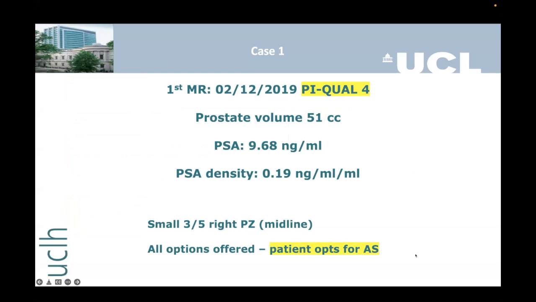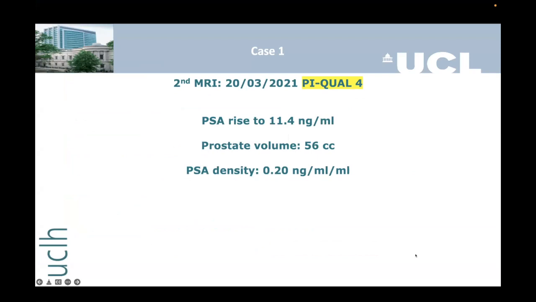So all options were offered to the patient because of his PSA density, and the patient opted for active surveillance. So after 2 years, he had the second scan that we are going to see now. The PSA rose to 11. The prostate volume was similar, and the PSA density rose to 0.20.